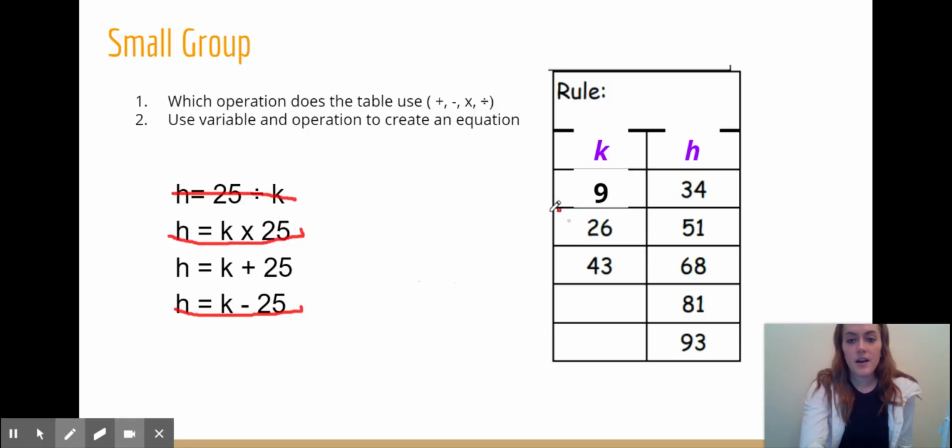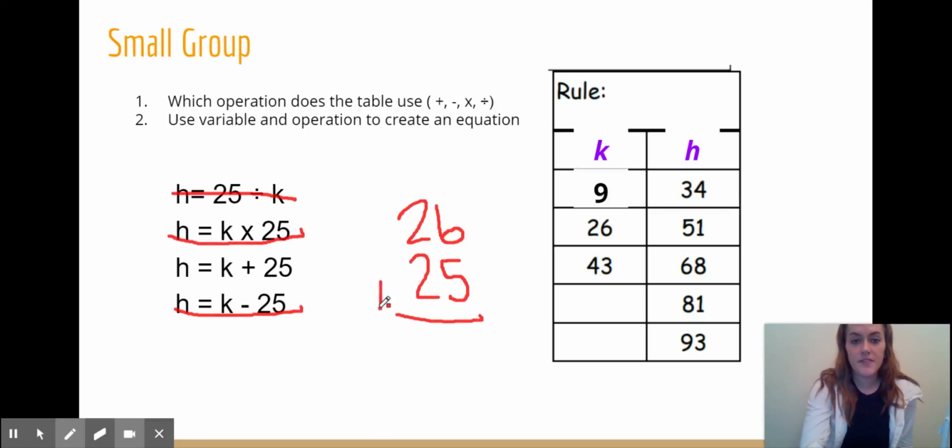Let's check for this column. 26 plus 25. 6 plus 5 is 11. 1, carry the 1. 2 plus 2 is 4, plus 1 more is 5. Does it match? Yes, it does.